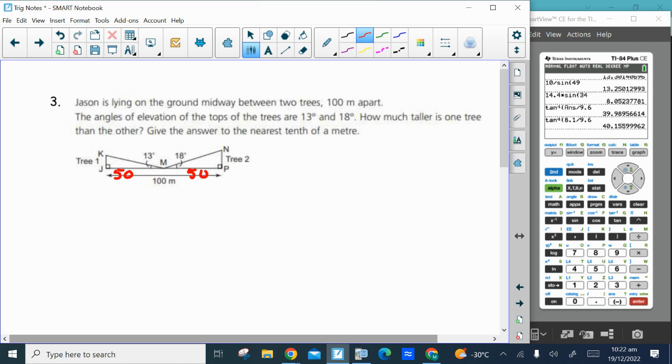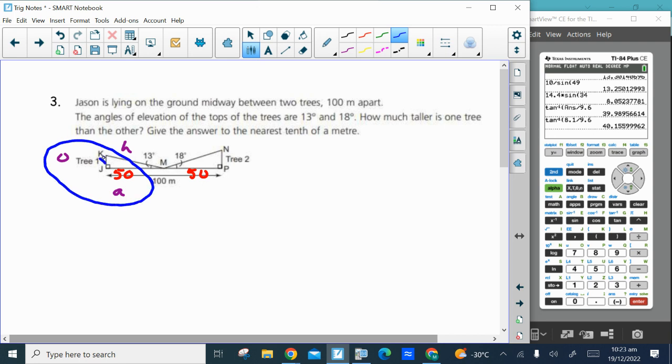So we have to find the height of each tree. And we'll start by labeling the sides of the triangles. The side across from the right angle of tree 1 is the hypotenuse. The side across from the angle of 13 degrees is the opposite. The adjacent side would be 50. And again, we want to find the height of the tree, which is the opposite.